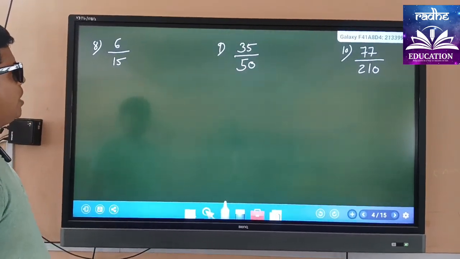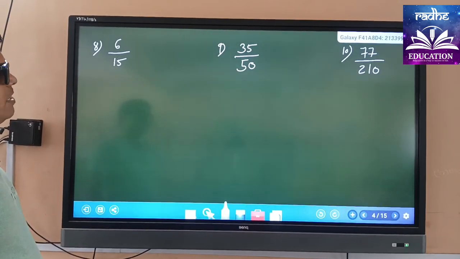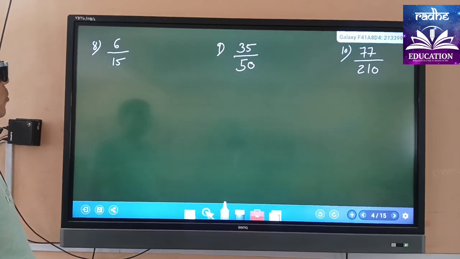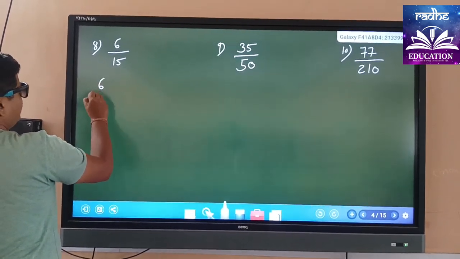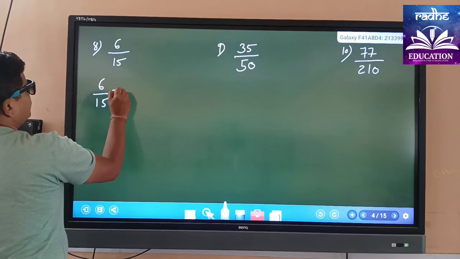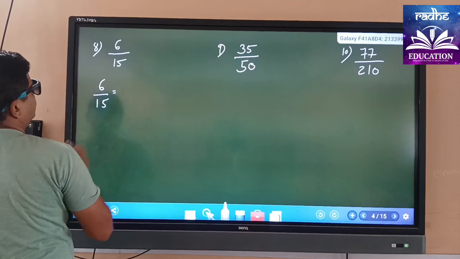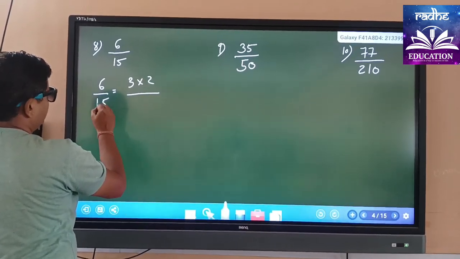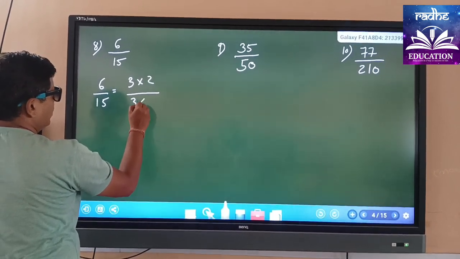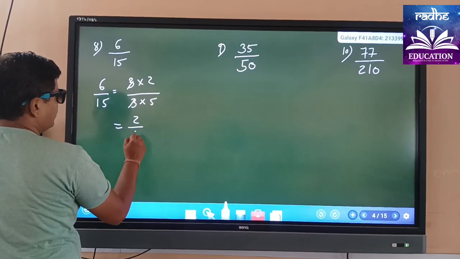We have here 6 divided by 15, 35 divided by 50, 77 divided by 210. Now you can easily give the answer. So 6 divided by 15 is 3 into 2 over 3 into 5. 3 is cancelled, so we can write 2 divided by 5.